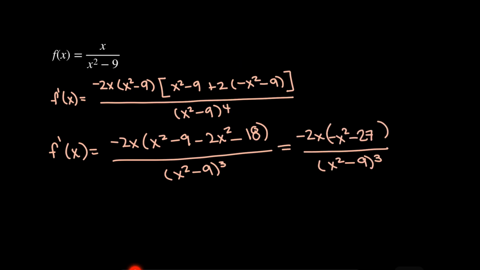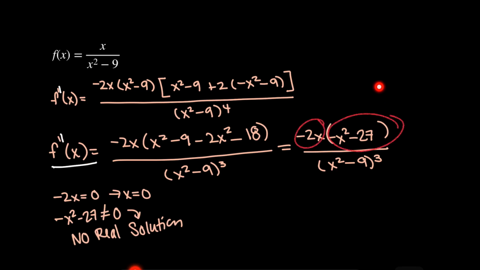Combine like terms. 1x squared minus 2x squared is minus x squared. Minus 9 minus 18 is minus 27. So my second derivative, and I just noticed, I'm sorry, I only had an f prime on this. We're actually computing our second derivative. So my second derivative, f double prime, is -2x times -x squared minus 27 all over x squared minus 9 to the 3rd.